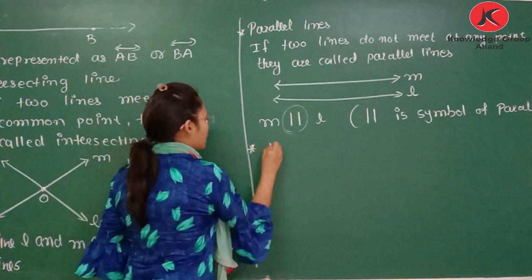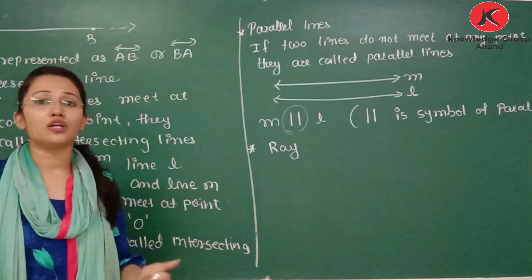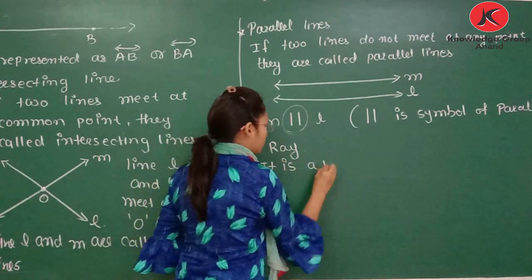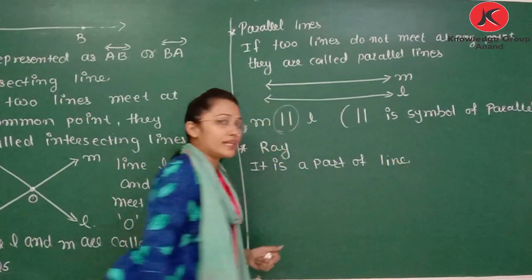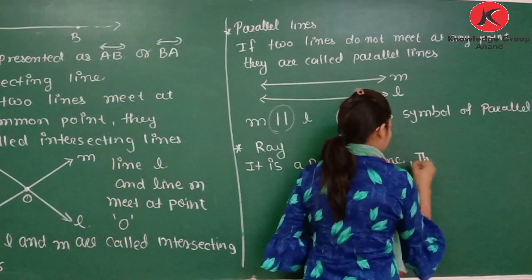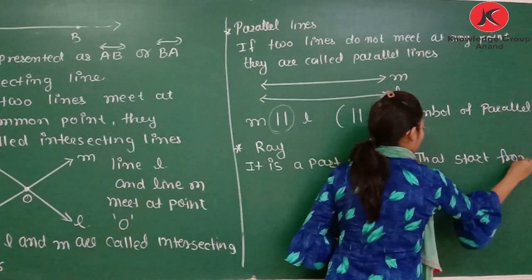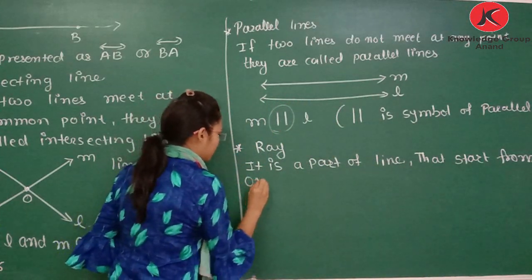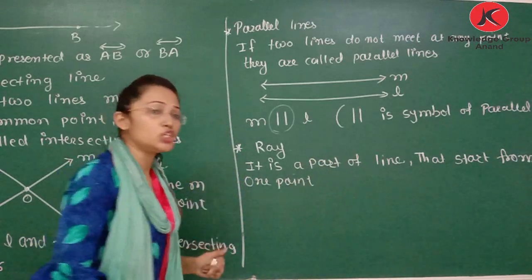After that, we will learn ray. Ray means it is a part of a line. A part of a line that starts from one point, and that start point becomes the initial point.